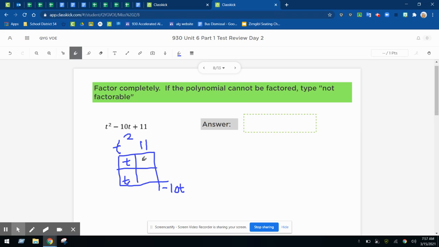Because our 11 is positive, and 11 is a prime number, so it only has the factors 11 and 1, which would give us negative 11t, because we would have to make them negative to try to get a negative over here, and negative 1t would give us negative 12t, so it really doesn't look like this can be factored. And it's not factorable. So because 11 is a prime number, like I said, it doesn't have any other factors besides 11 and 1, and those will not add to negative 10.